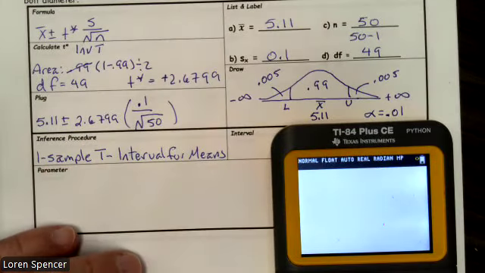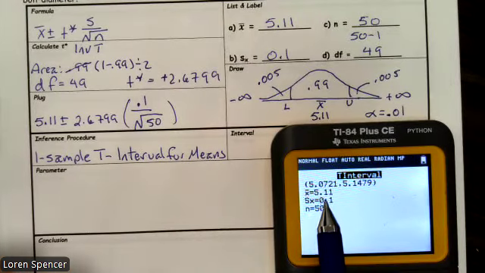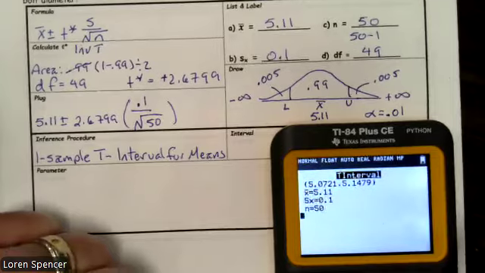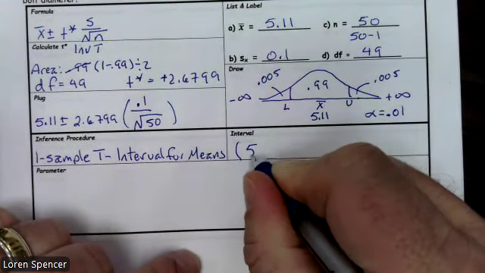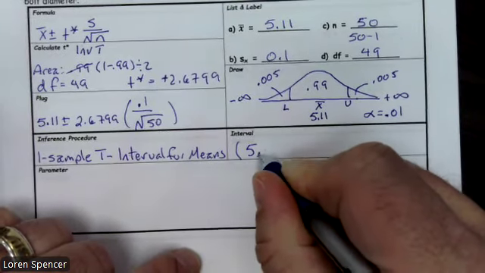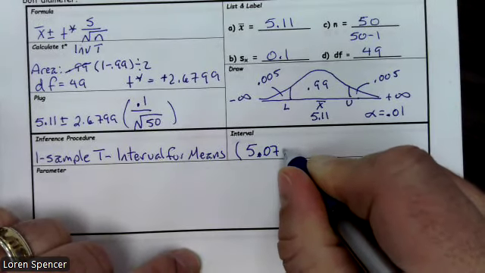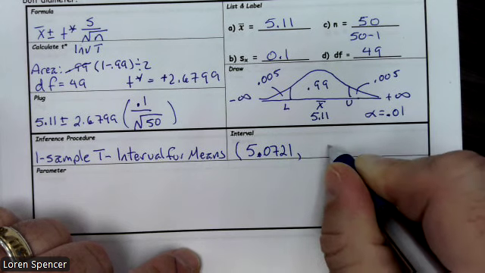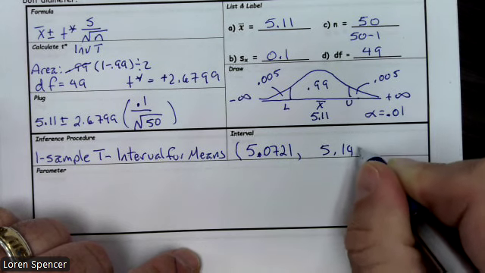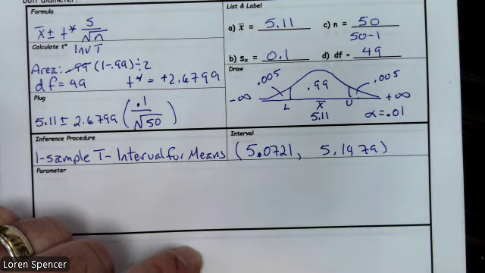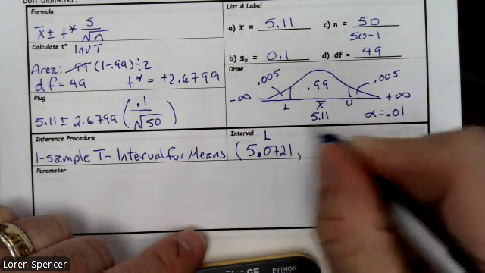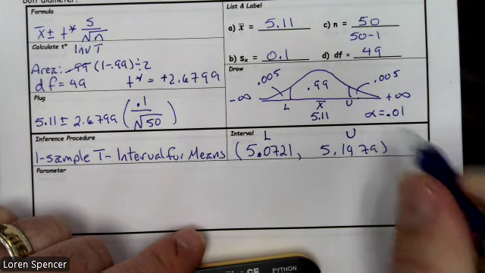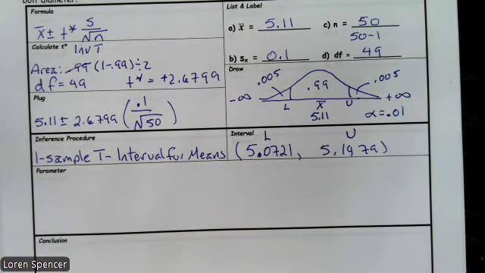When I do that and I press enter, I end up getting a lower bound of 5.0721 and an upper bound of 5.1479. So an easy way to write the interval: 5.0721, comma, 5.1479. And I just copied that straight off the calculator. And I'm going to go ahead and label this as lower and upper. Not that I need to, but it's helpful.